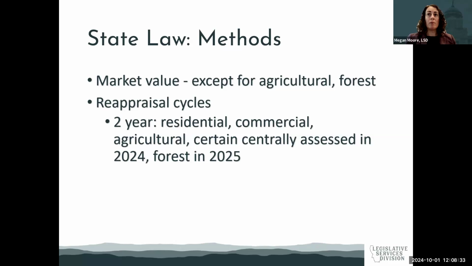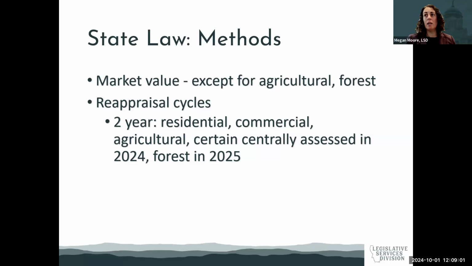For a lot of property, we use a 2-year reappraisal cycle that includes residential property, commercial property, and agricultural property. Also, beginning for tax year 2024, certain centrally assessed property is valued every 2 years, and centrally assessed property is property that's valued as a unit because it spans county or city or even state boundaries.